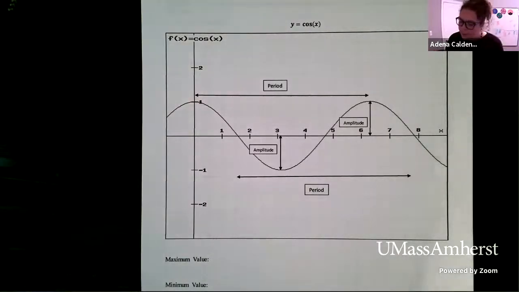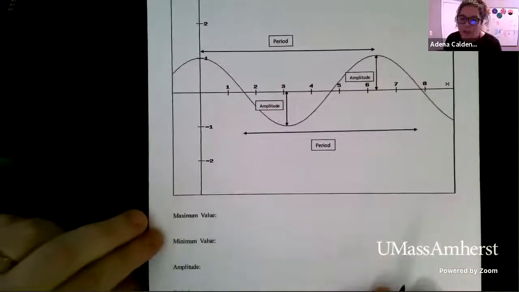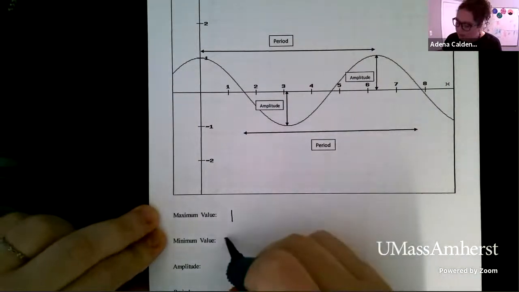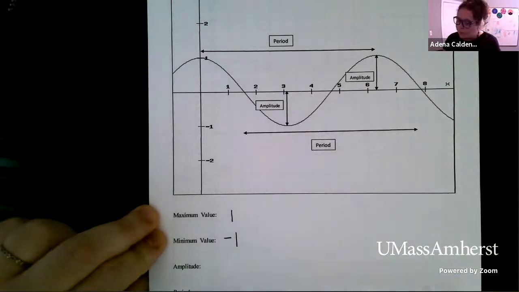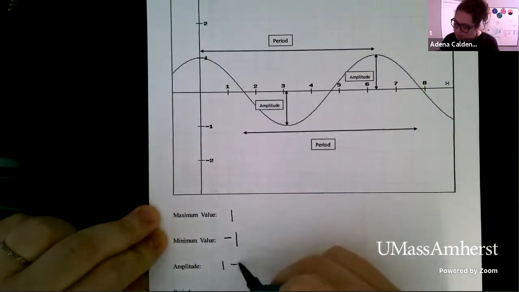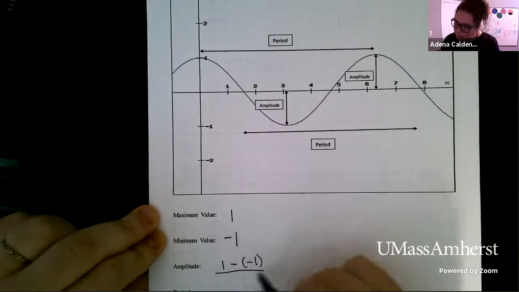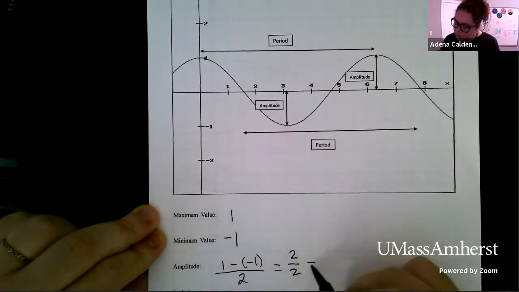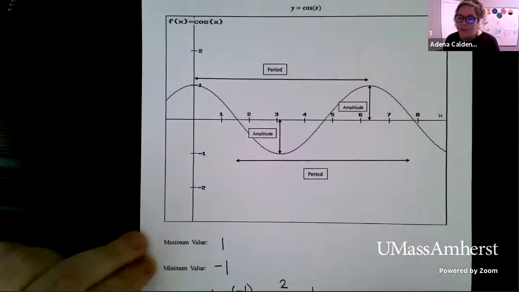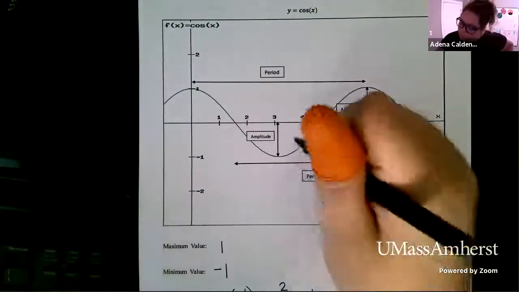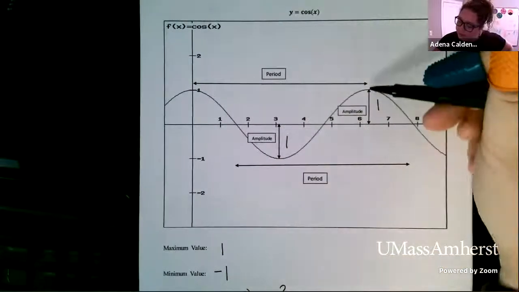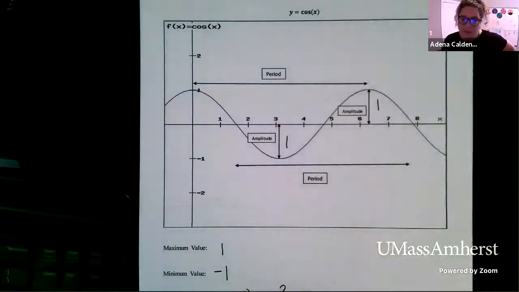So let's start by talking about the amplitude. Just like sine, cosine has a max value of 1 and a minimum value of -1. So the amplitude, 1 minus -1 divided by 2, which is 2 over 2, gives me an amplitude of 1. So we're varying by 1 to get from the midline to the max and from the midline to the min.